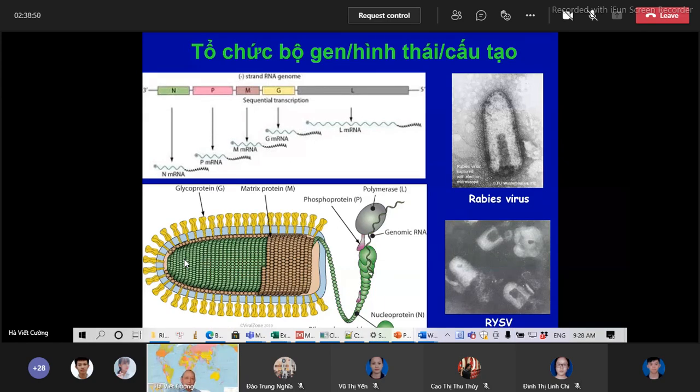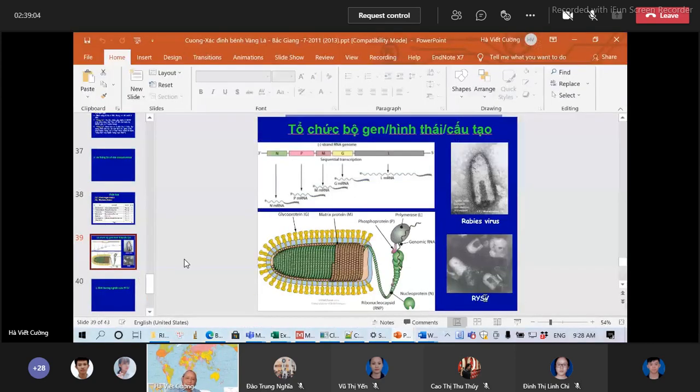So now based on this information in this picture, please define for me what is the negative sense virus. Dựa trên cái hình này thì trả lời thế thôi, đúng không? Giải thích thế nào là virus cực âm.